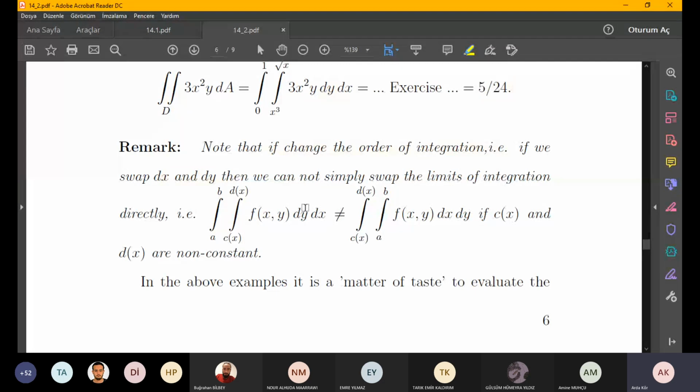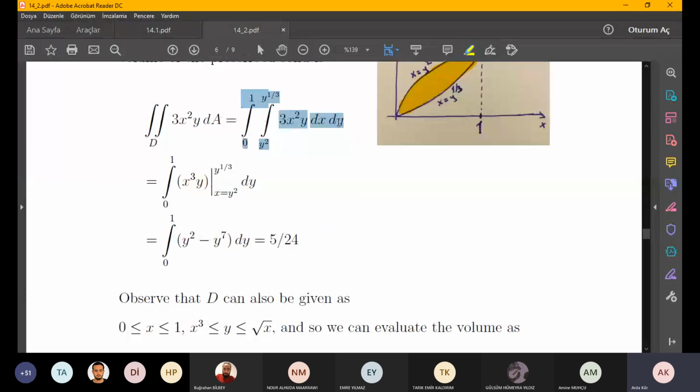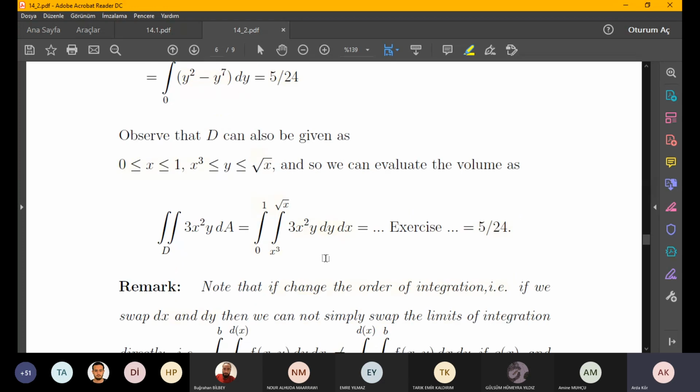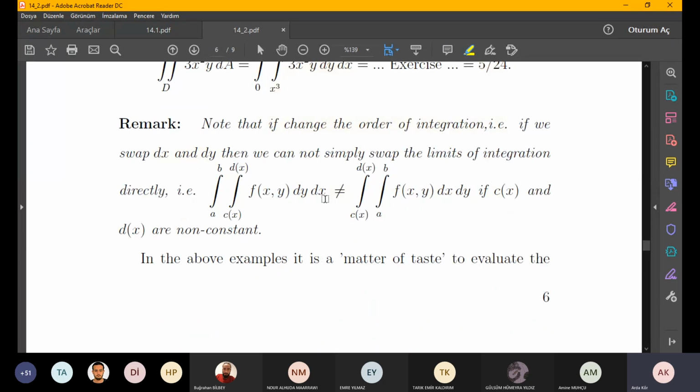As you can see, we changed the limit of integration here, and we also changed the order of integration, then we changed the limit of integration too. So that is why we cannot write this in that way.